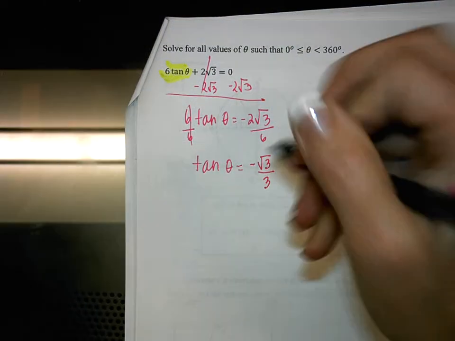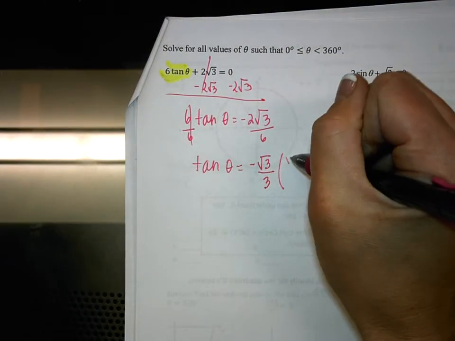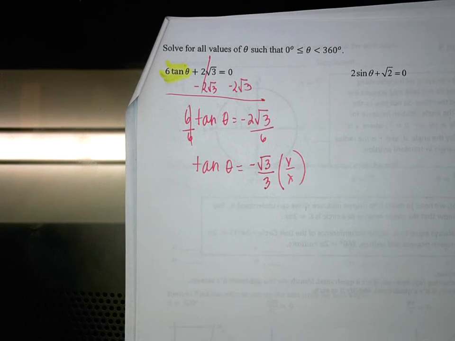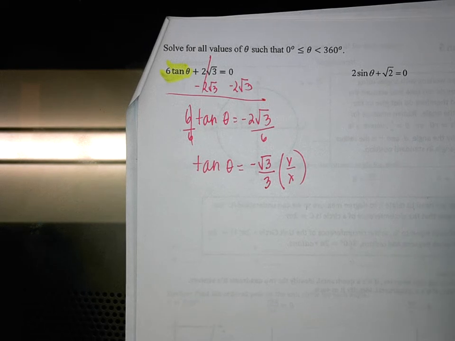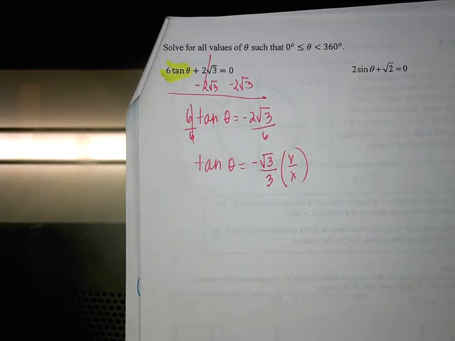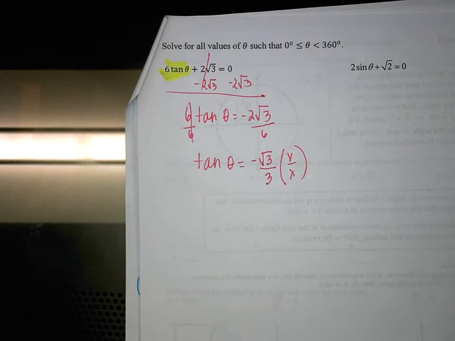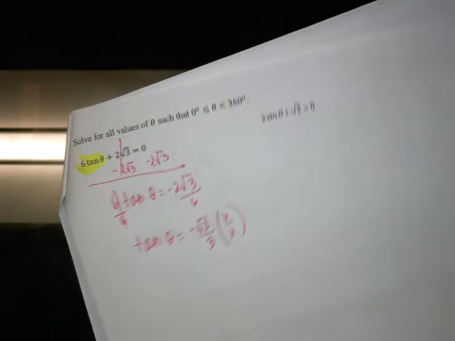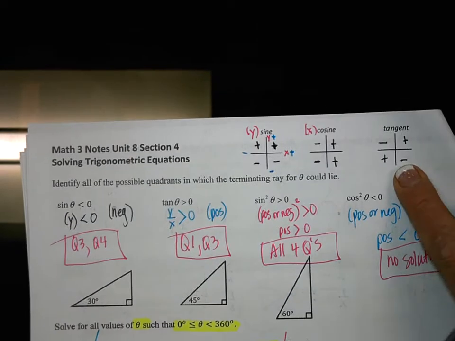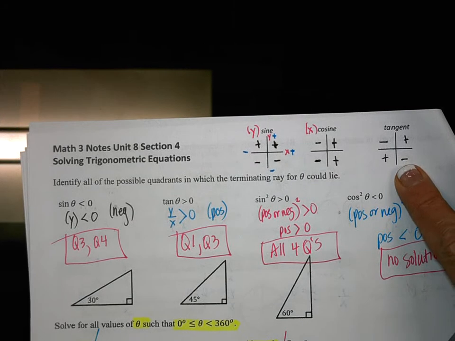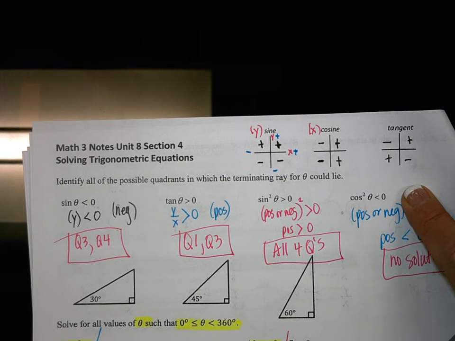So this is our y over x, and tangent is negative in which quadrants? Okay, 2 and 4.